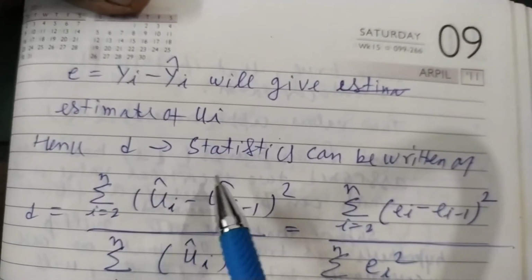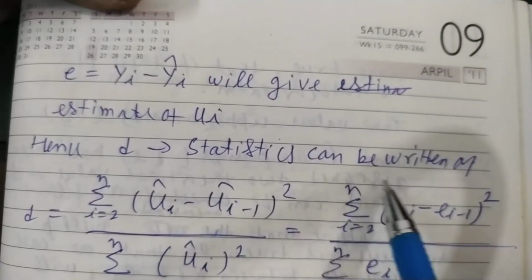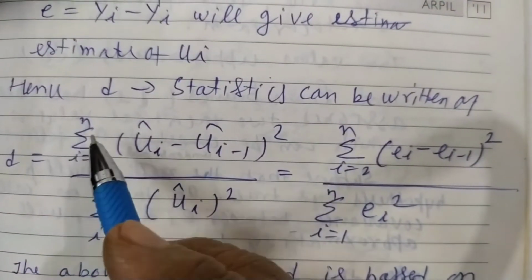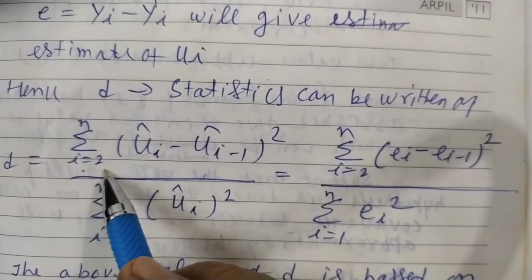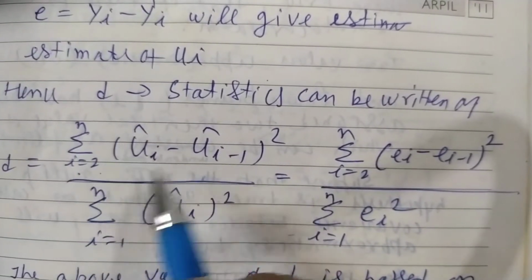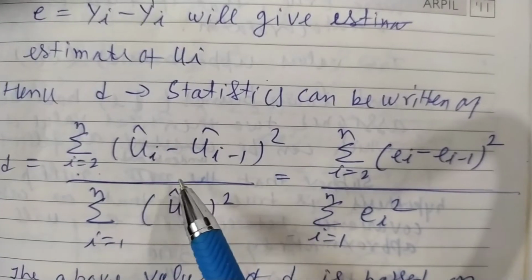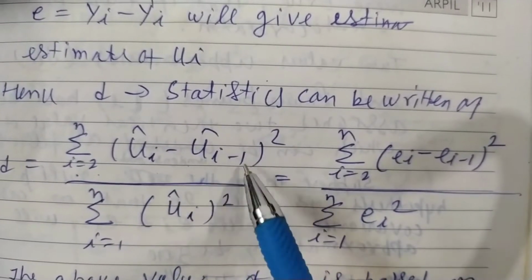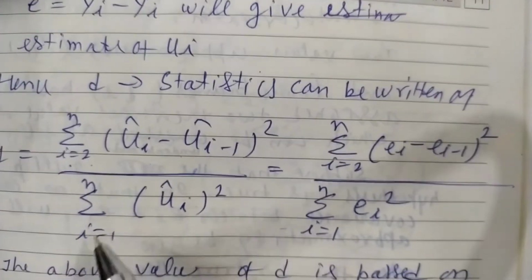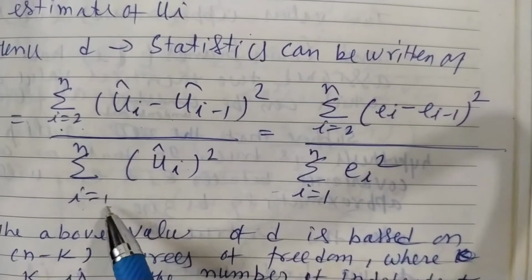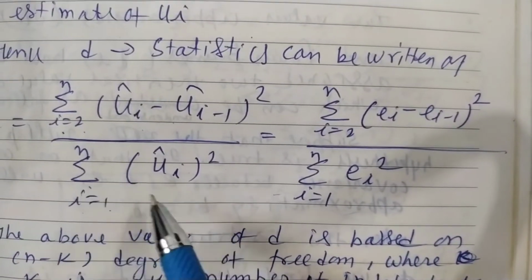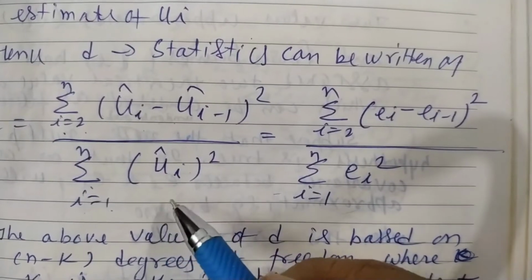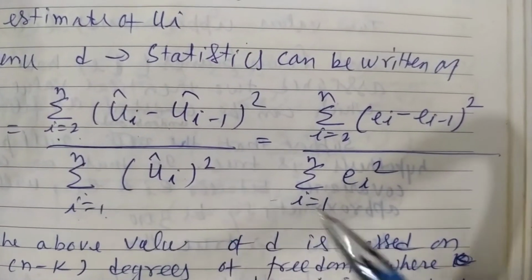Hence, the d statistic can be written as the sum from i equal to 2 to n of (estimated ui minus estimated ui minus 1) whole square divided by the sum from i equal to 1 to n of estimated ui whole square.